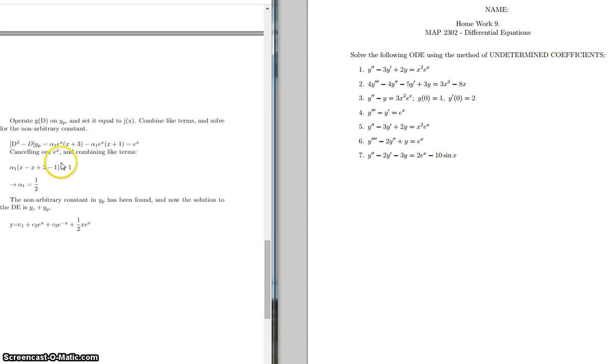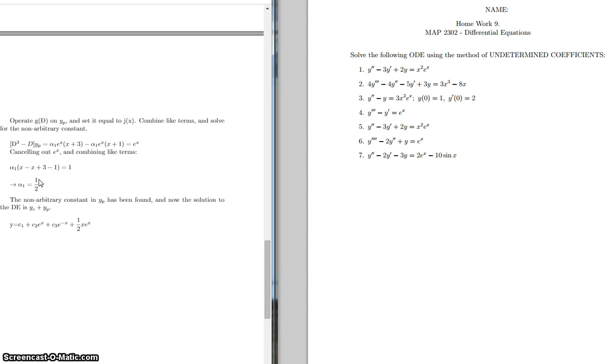We can cancel out e to the x and combine our like terms, which is pretty simple in this case because all of our unknowns are just alpha 1. We get alpha 1 times x minus x, which is 0, plus 3 minus 1, which leaves 2, equals 1. So 1 divided by 2 equals alpha 1.